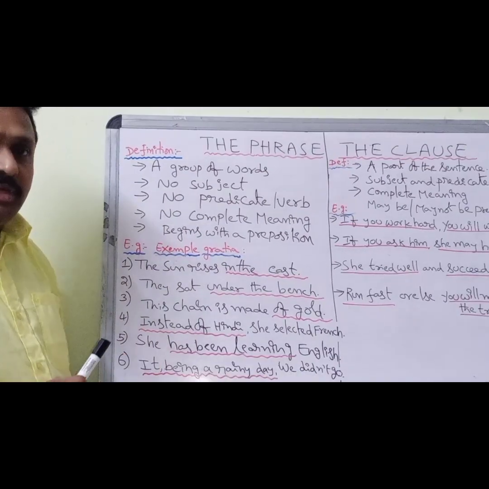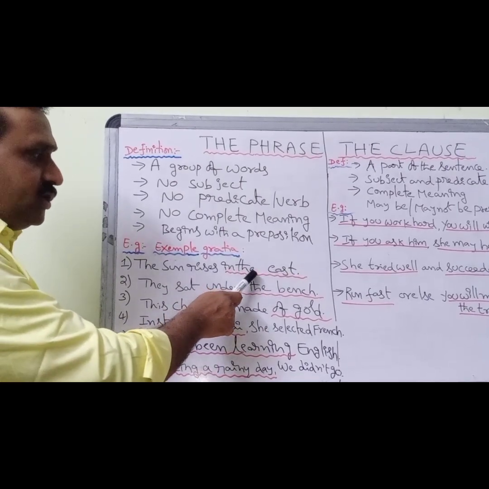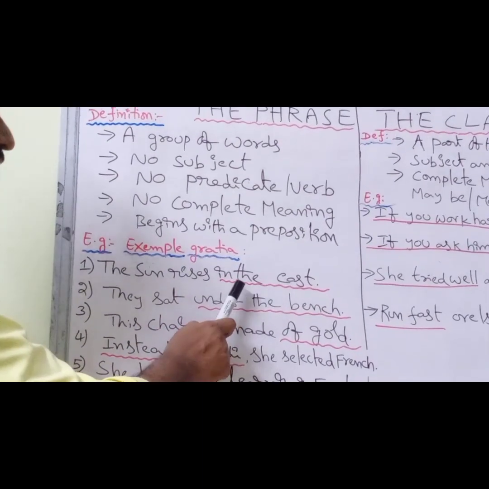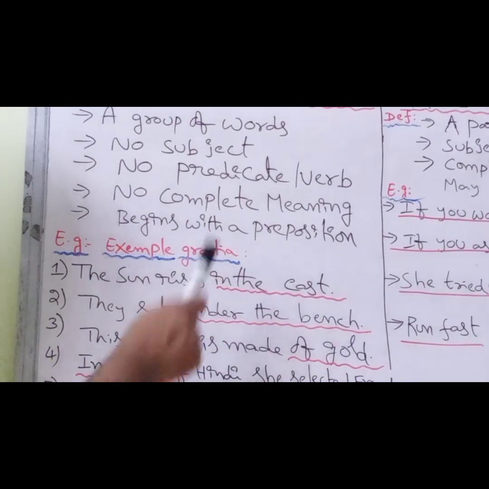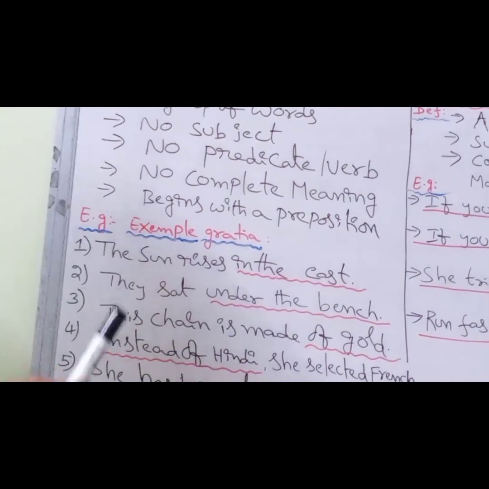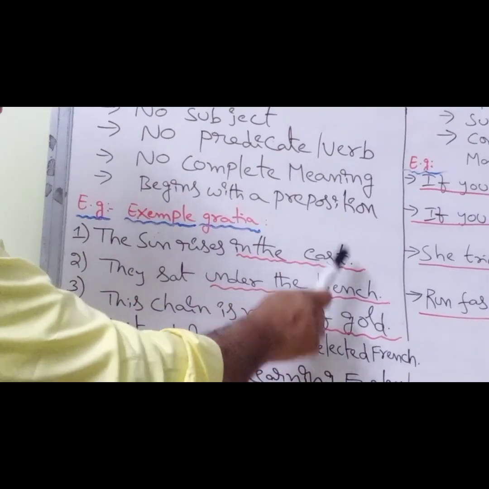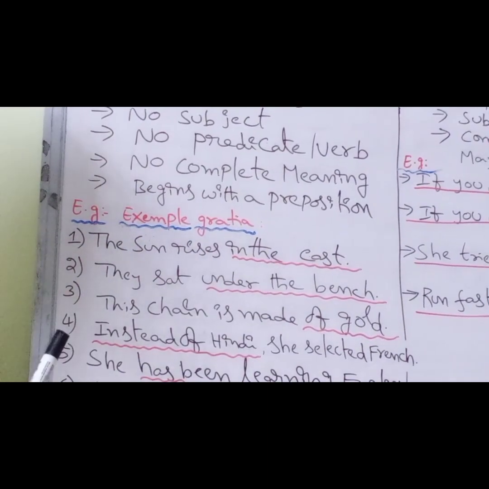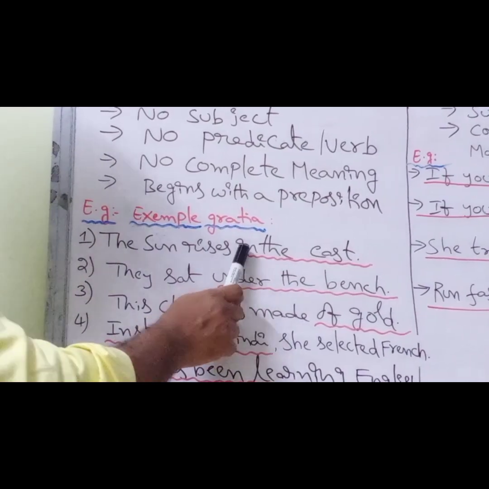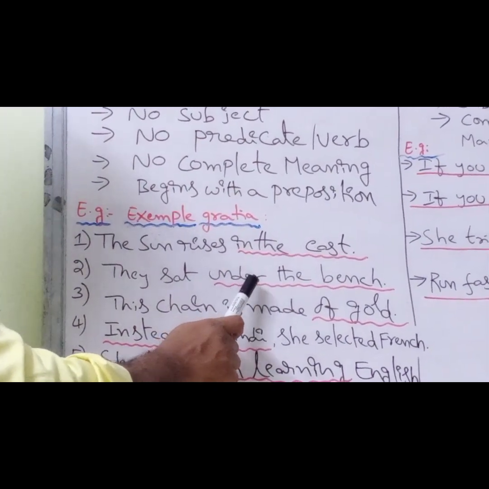These are the examples. If you observe, I underlined a particular part of each sentence. The sun rises in the east. Here I underlined in the east. They sat under the bench. In the underlined part, in the east, it is a group of three words.